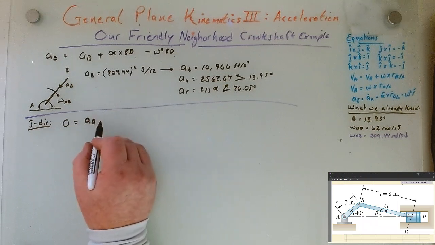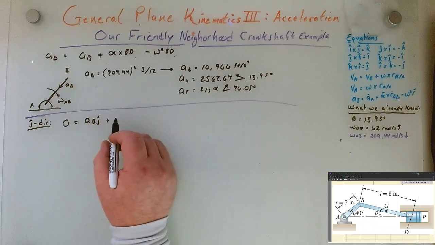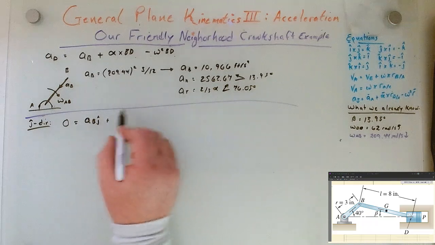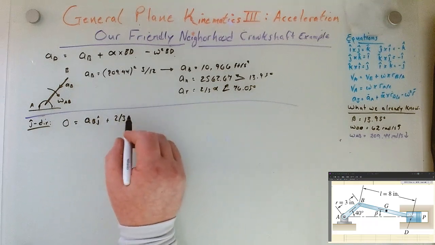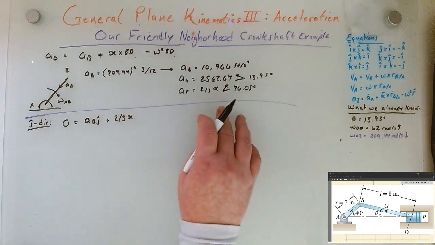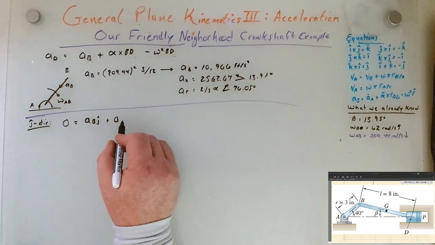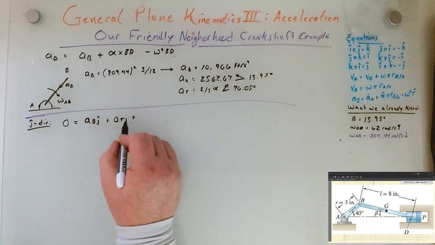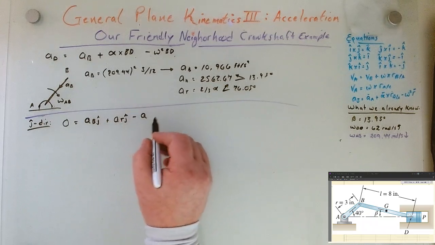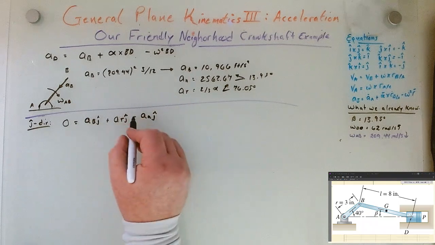I'm going to write it out this way: a sub B in the j direction plus 2/3 alpha, so this is a sub t in the j direction minus a sub n in the j direction. Well, plus is a minus, so this is plus and that's a minus.